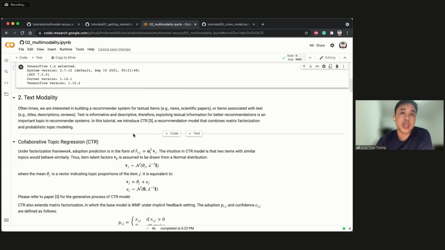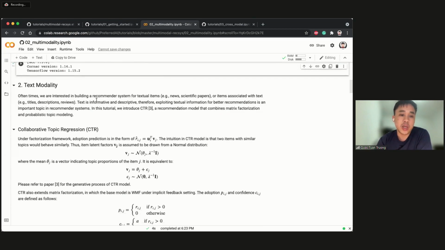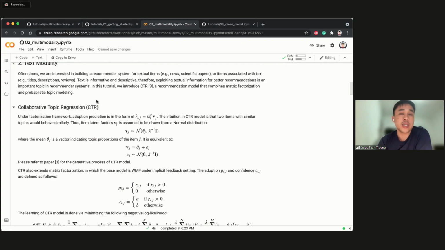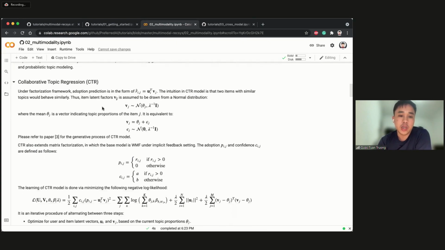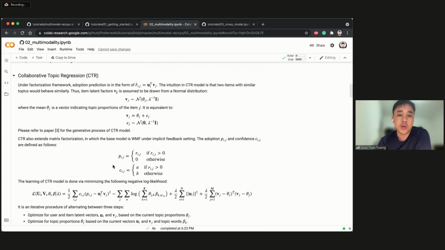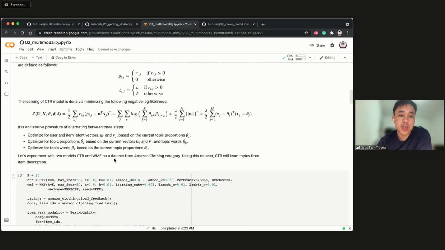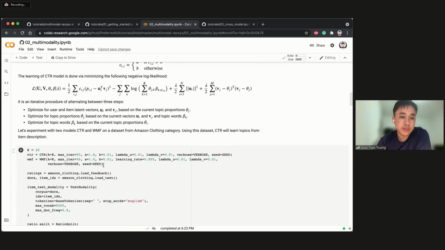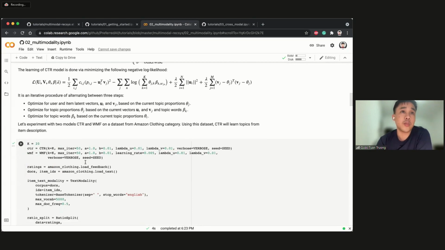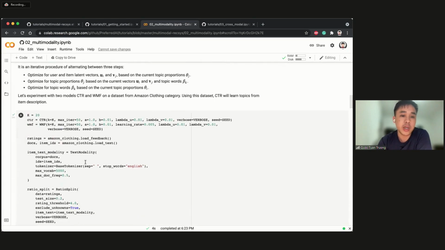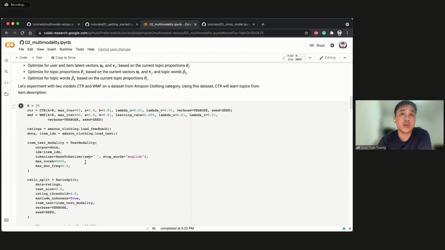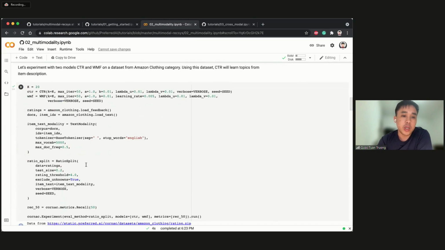We presented and said that we have the text modality, right? In this case, we show the CTR model as an example, and we don't need to go into the model again. But one of the things that I want to highlight here is that it's very simple to compare different models inside Cornac. As we presented in the very first tutorial, it is experiment oriented, and the objective is to make it easy to compare multiple models at the same time.